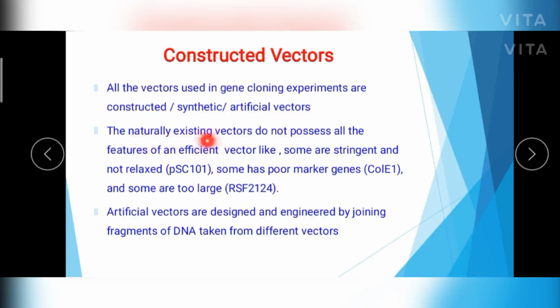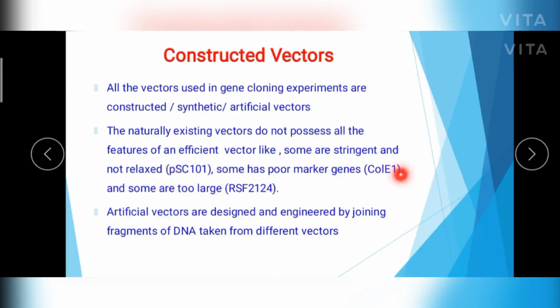Why? Because naturally existing vectors do not possess all the efficient features. Like if you take pSC101, this is a plasmid which is stringent in nature, that is, the replicon is not the relaxed form. Due to this, multiple copies of the DNA are not produced.